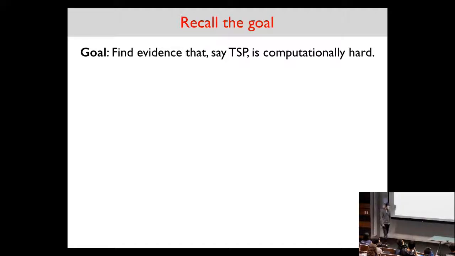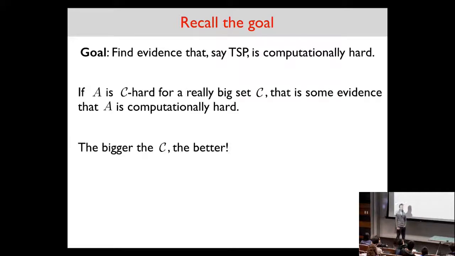Okay, so again, coming back to our goal: find evidence that, let's say, TSP is computationally hard. What we're going to try to do is say that if A is C-hard for a really big class C, then that's some evidence that A is computationally hard.